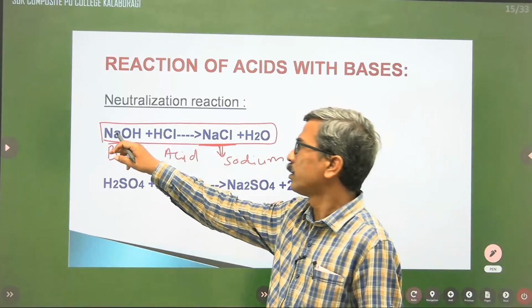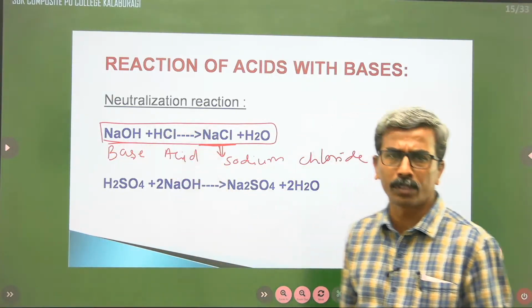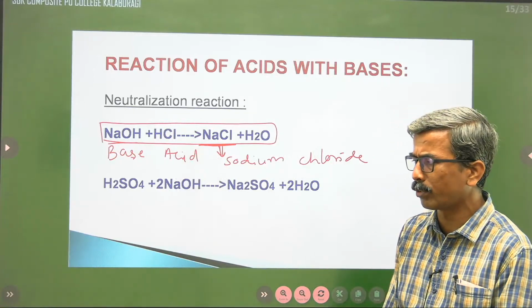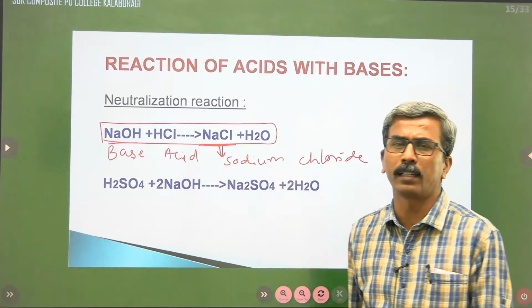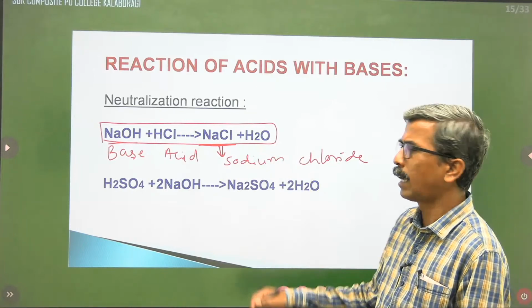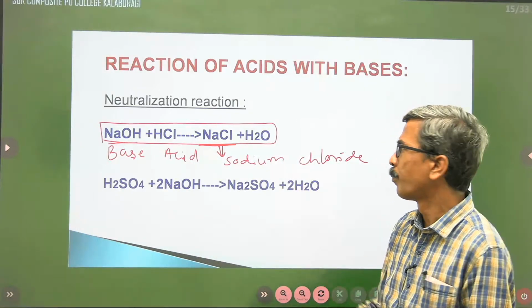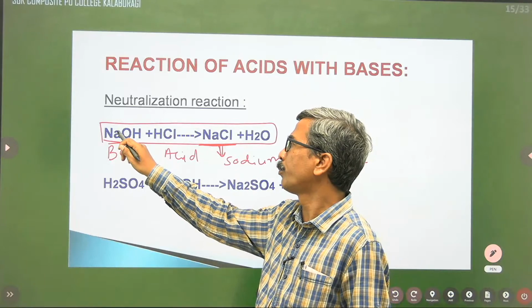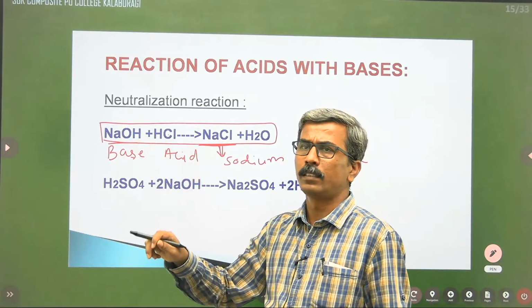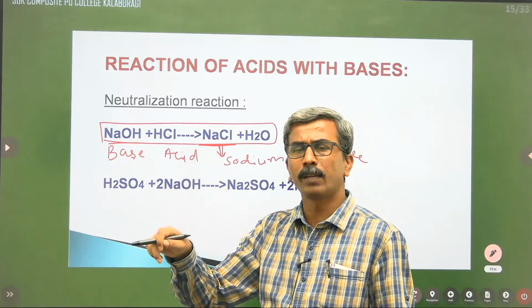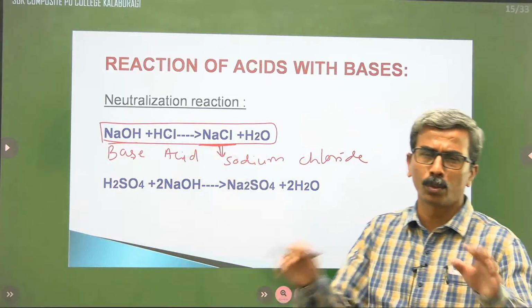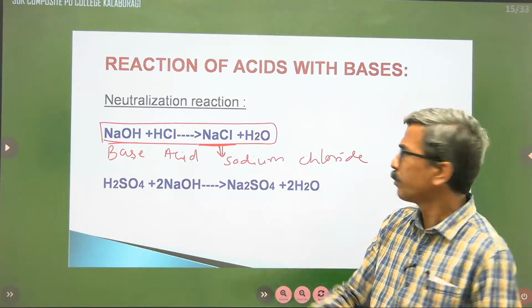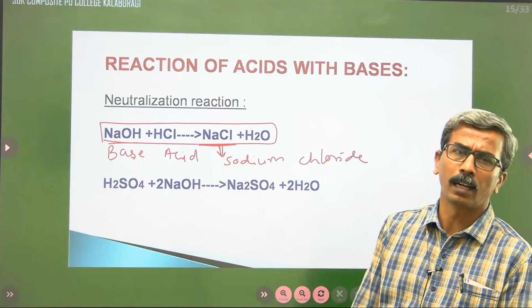Whatever we get, the solution will be neutral. Sometimes, if the concentration and volume of base and acid are the same when you mix them, the resulting solution will be neutral. But the compounds formed will be salt and water.